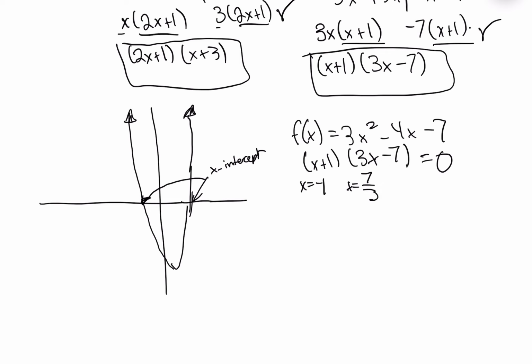So our two solutions are x equals negative 1 and x equals 7/3. And as you could see here, this coordinate would be negative 1, 0, and this coordinate would be 7/3, 0. And you can check yourself, that would be the coordinates.